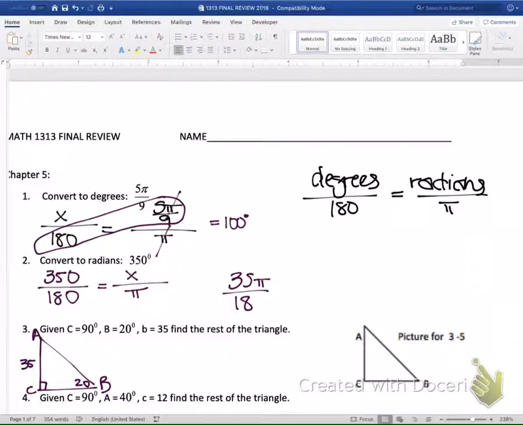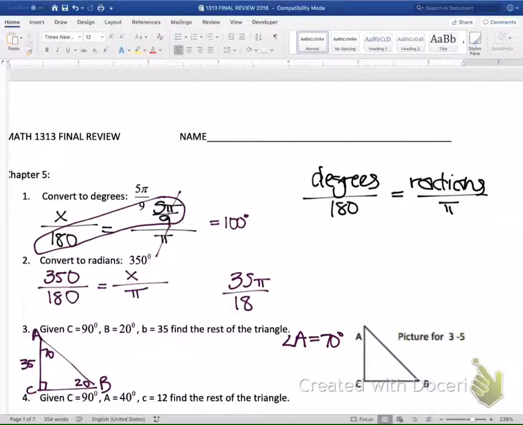What's the easiest to find in the triangle right now? Side C. You can find side C using a sine, cosine, tangent, but angle A first would just be subtracting from 180. So that would be your first item, angle A equals 70. I would then decide whether I was setting up a sine, cosine, tangent based off of whether I wanted to solve for side C or side A first.